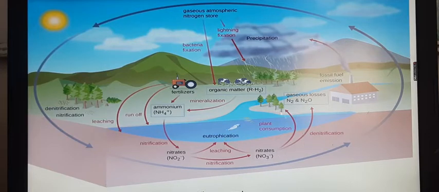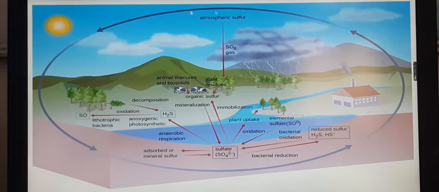Then plants consume it in the form of nitrate, and by denitrifying bacteria it is converted into gaseous losses, or this nitrogen is converted into fossil fuel, and when fossil fuel is burned this is returned back. Or when the plants use this nitrate and these plants are eaten by living organisms, both get decomposed and it is released back into the atmosphere. So this is all about the nitrogen cycle.